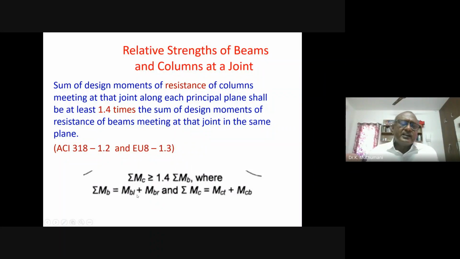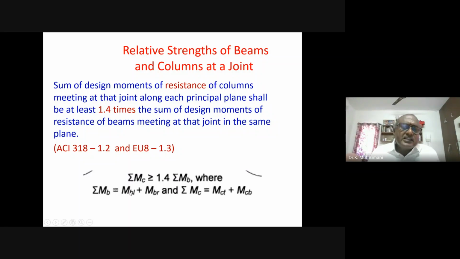Suppose you have a beam coming and meeting the column, on the left side and right side. Please understand that the total bending moment is the bending moment on the left and the bending moment on the right. These should be added. Similarly, the column may have top and bottom also, so that also we have to add.